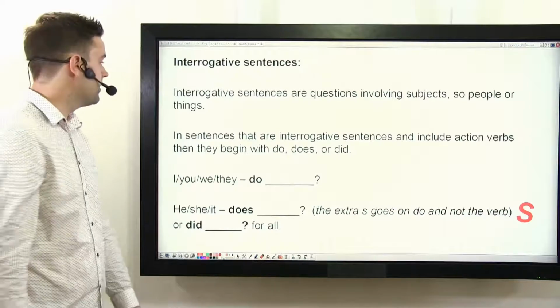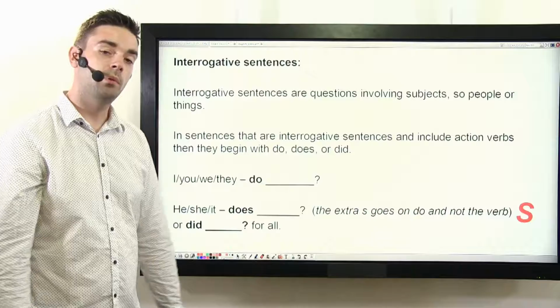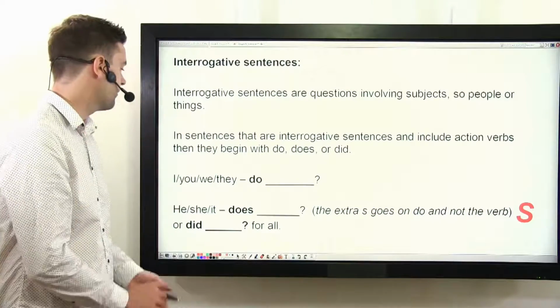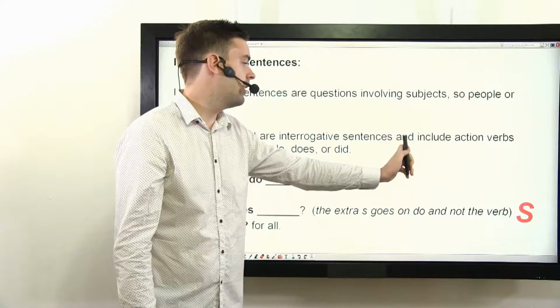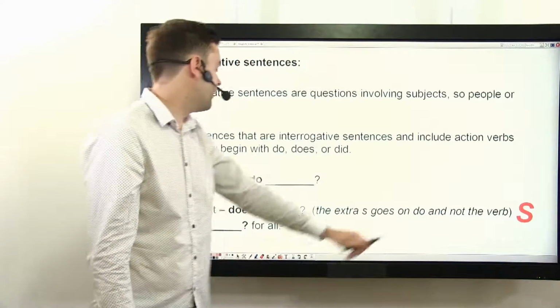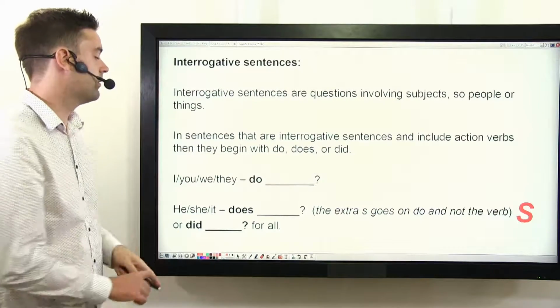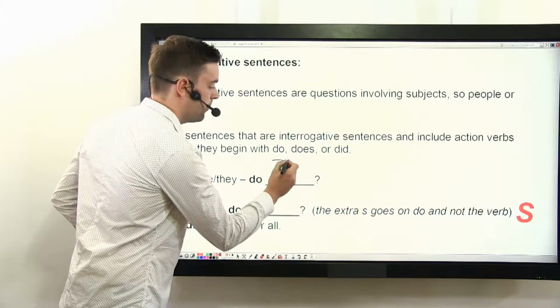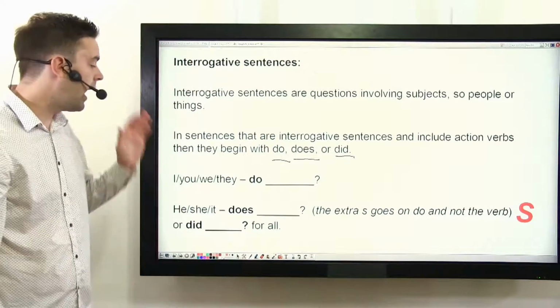Interrogative sentences are questions involving subjects, so people or things. Interrogative sentences that include action verbs also begin with do, does, or did.